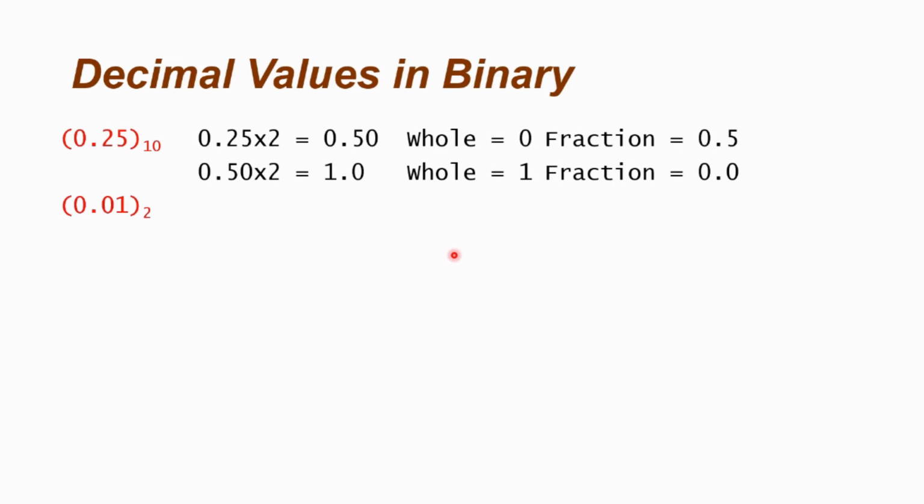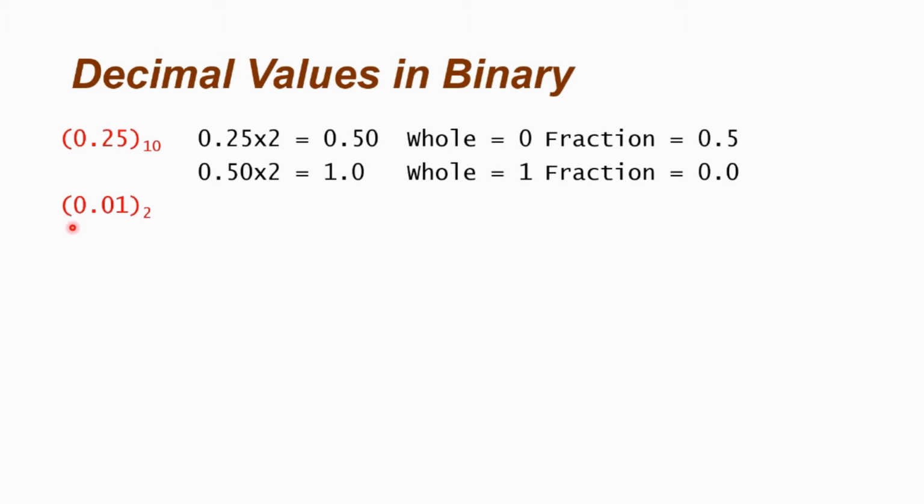So let's review the process. If we are given 0.25 to base 10, we multiply it with a 2 and we get 0.5. We take the whole part of this, which is 0, and we keep the fractional part aside, 0.5. Then we take the fractional part here, 0.5 multiplied by 2, we get 1, the whole part is 1, fractional part is 0. So the process of conversion stops here because the fractional part is 0.